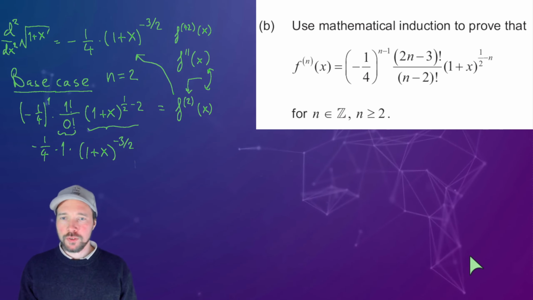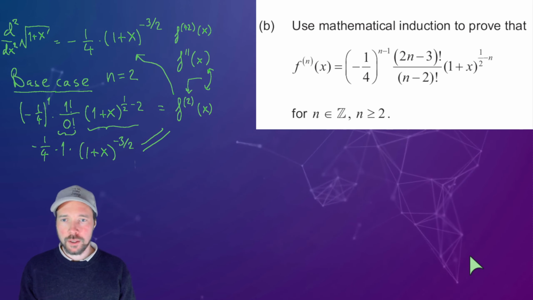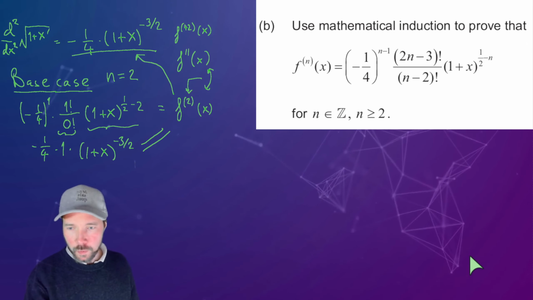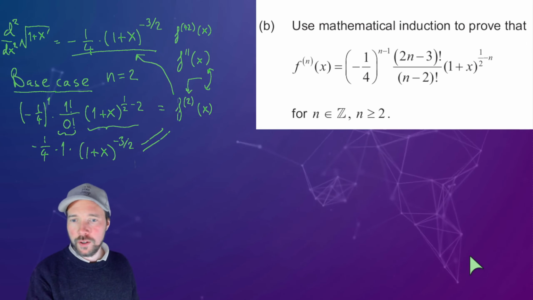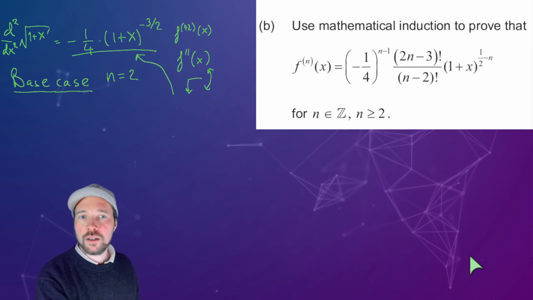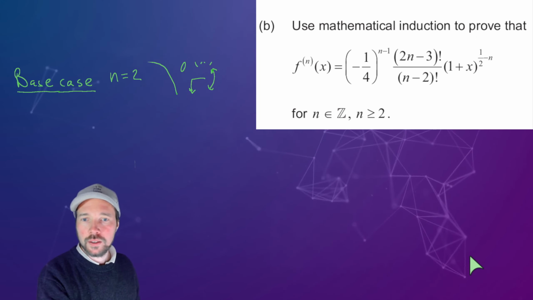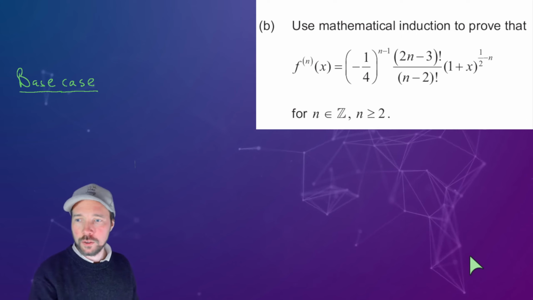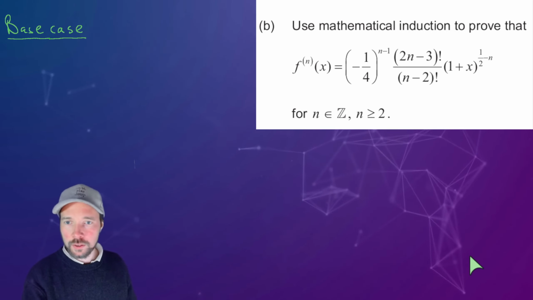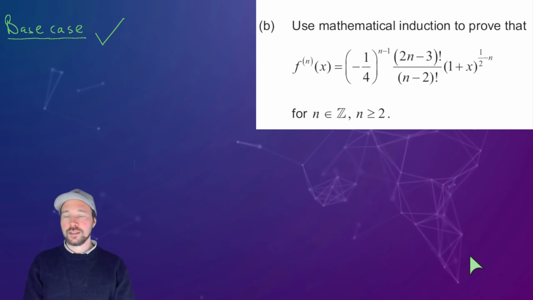So we have proved the base case, because we already showed that this is the same as this. Instead of leaving all that mess here, I'm going to remove it, and only take this, put it here, and then I'm going to say check, we did it.